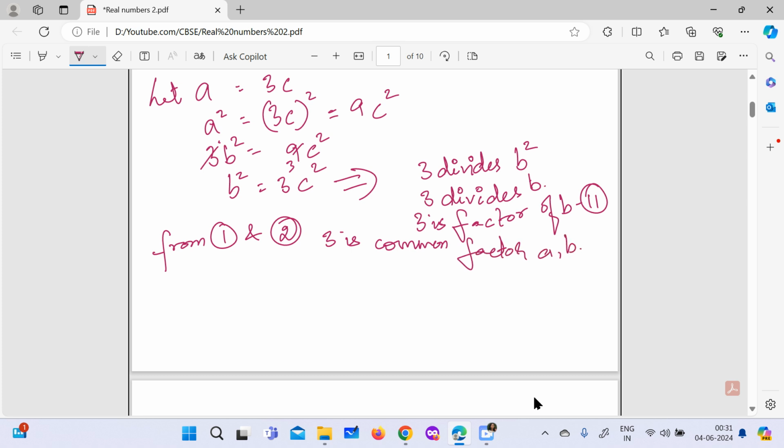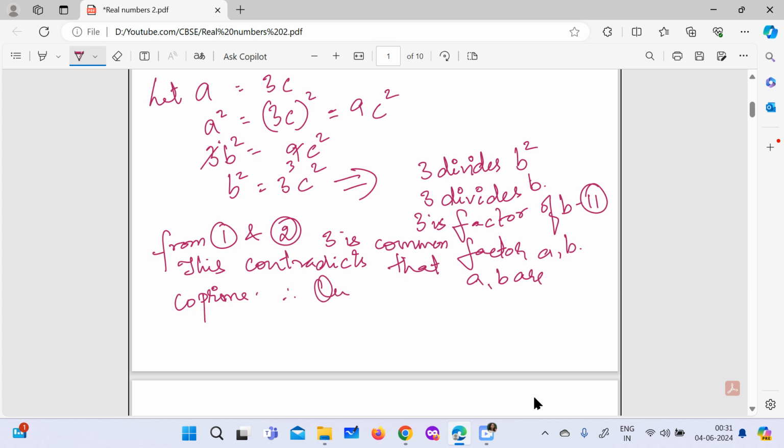Okay, so our assumption is wrong because 3 is the common factor. So this contradicts the fact that a and b are co-prime. So this means our assumption is not correct.